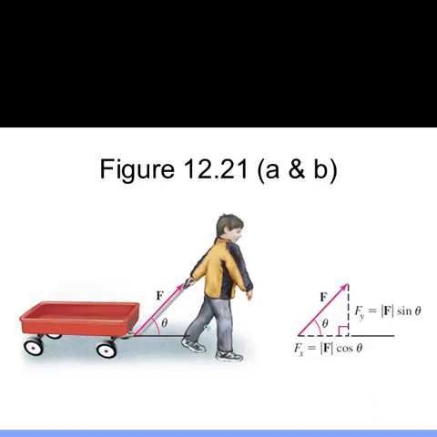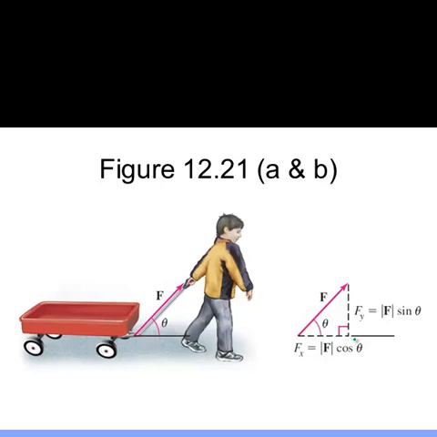Here we've got a picture of a boy applying a force to the wagon by pulling on this handle at a certain angle theta. So we have force applied at a certain angle. Relative to the ground, which we associate with being horizontal, we can break this down into horizontal and vertical components.